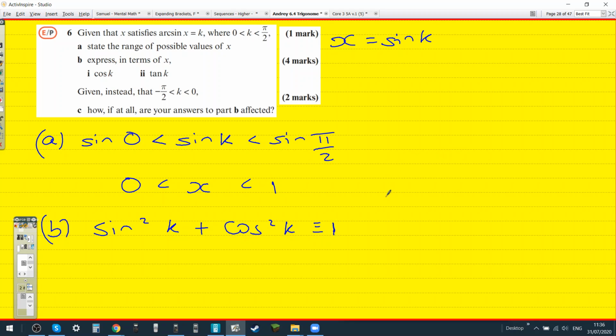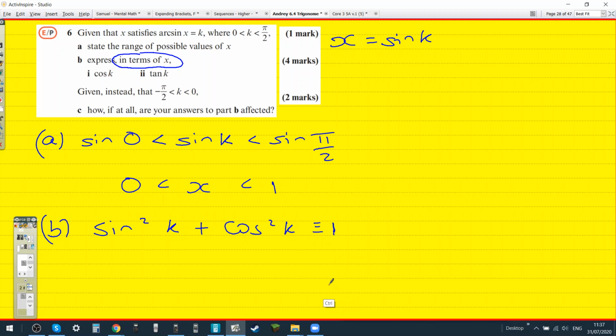So would it be like the square root of 1 minus sine squared k is equal to cos k? Yep. And they want it in terms of x. Okay, so this will get a bit confusing. Would it be like the square root of 1 minus x, xk?